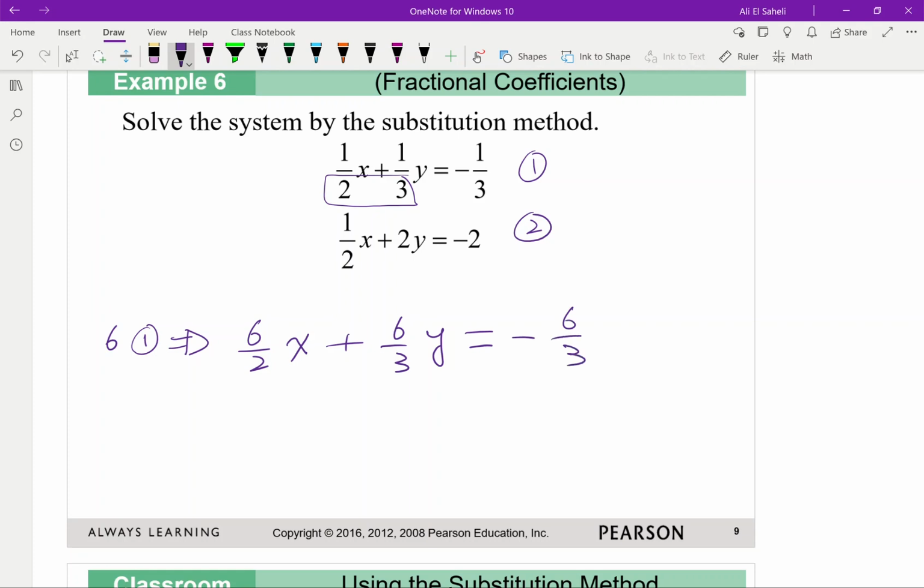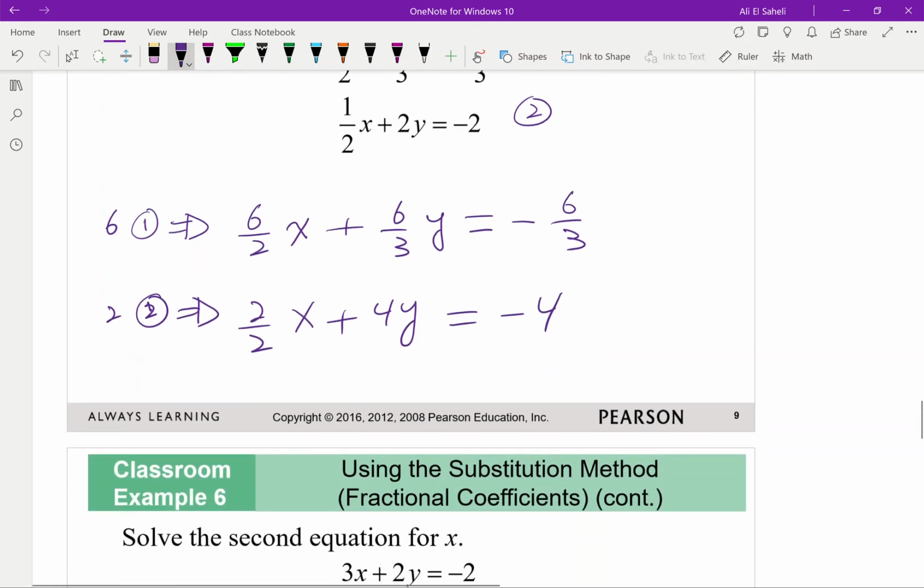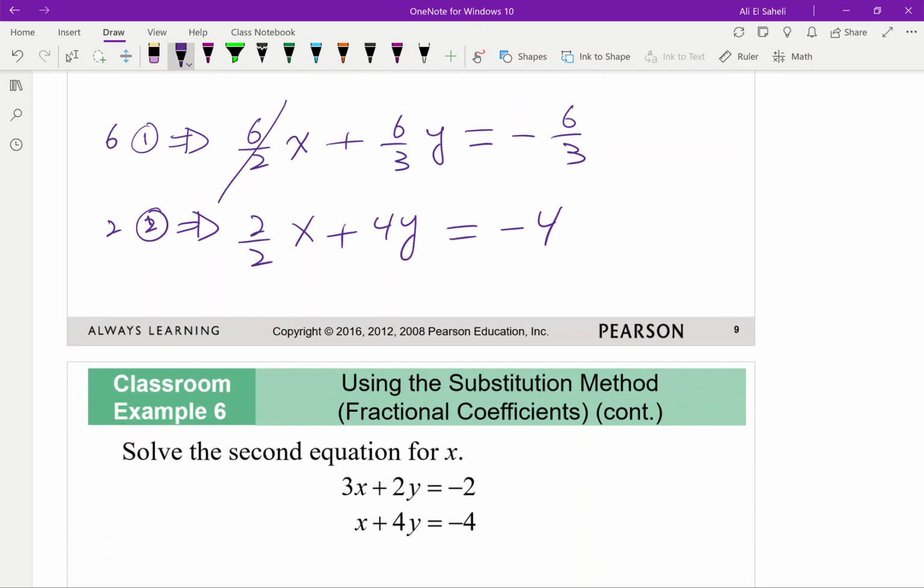Now the second equation, to get rid of the fraction 2, you only need to multiply by 2. So 2 times the second equation. So it's 2 times half x plus 2 times 2y equals 2 times minus 2. So 6 over 2 is 3.